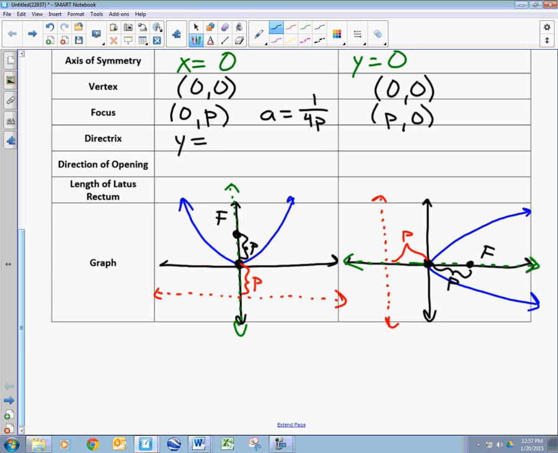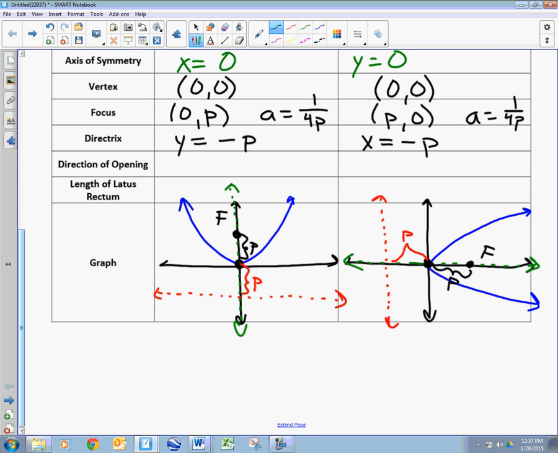What is the y value that it goes through? Not p, but negative p. Next one, directrix. Vertical or horizontal? Vertical. So x equals or y equals? This one's x equals negative p. Same thing: A equals 1 over 4p.